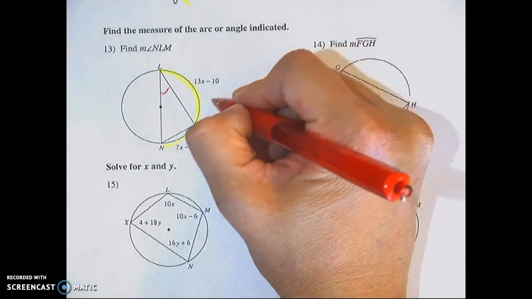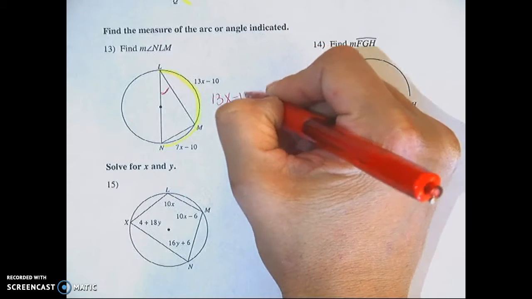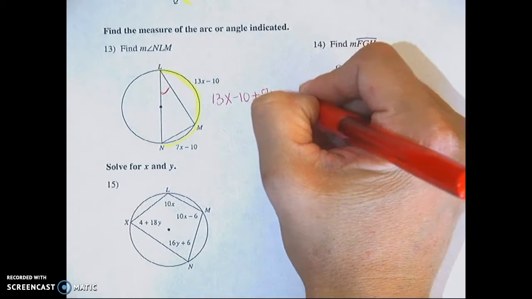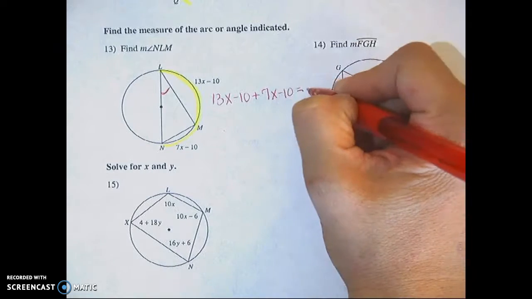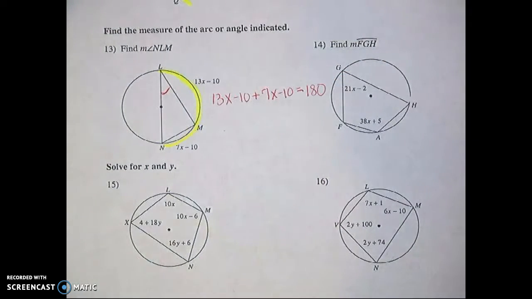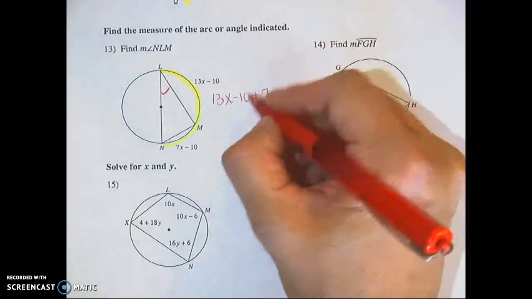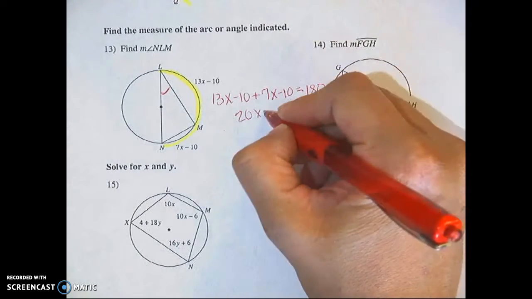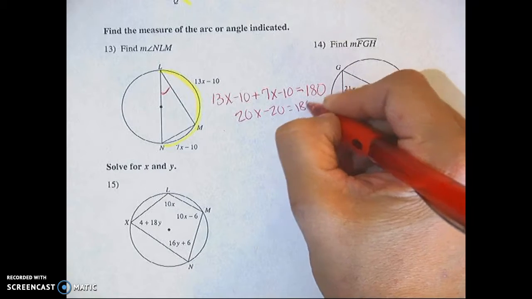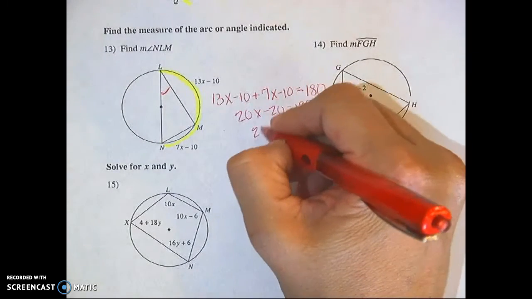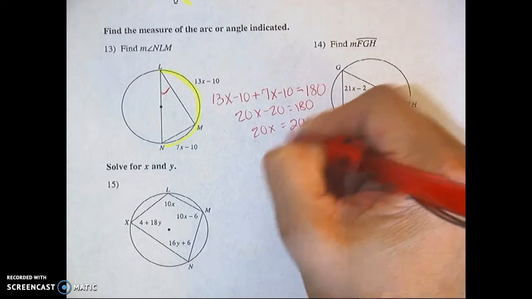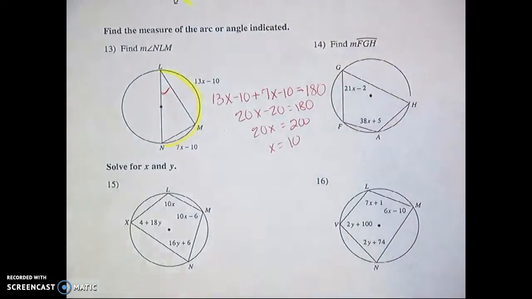So that means that I can add them together, 13x minus 10 plus 7x minus 10, and set them equal to half of a circle, which is 180 degrees. When you solve this, you get that 20x minus 20 equals 180. Add 20, you get 20x equals 200, and divide by 20, you get x equals 10.